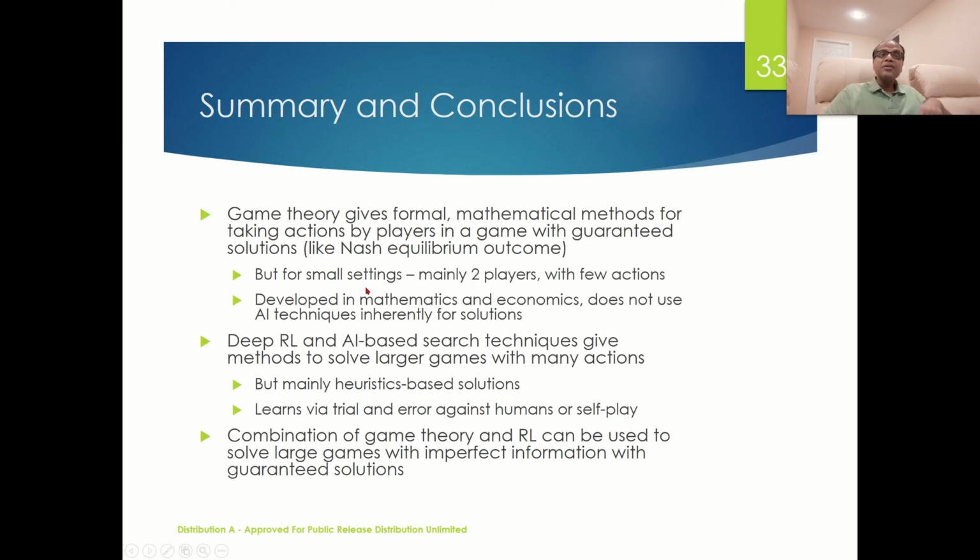Then in the second lecture, we looked at deep RL techniques, deep reinforcement learning, different algorithms like deep Q networks, actor-critic learning, and so on. And finally, today, we looked at how to use AI-based gameplay. We mainly looked at algorithms like tree search algorithms, then AlphaGo, AlphaZero. But then in AlphaStar, we saw a coming together of Nash equilibrium and AI-based gameplay, reinforcement learning, and all the other things that are there.